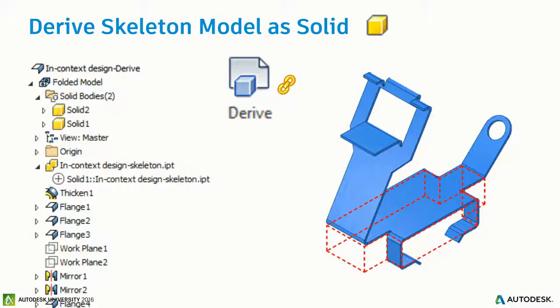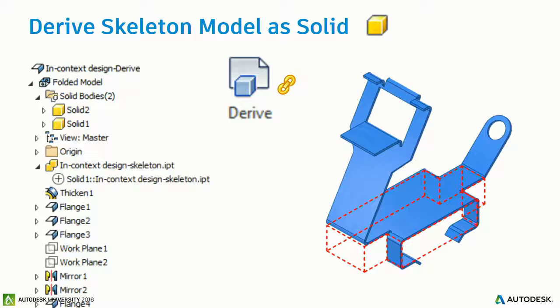For solids, you can derive this skeleton model as a solid in this part. The benefit is that for a solid, you can pick the vertex directly for the flange creation to connect the two geometry pieces together.